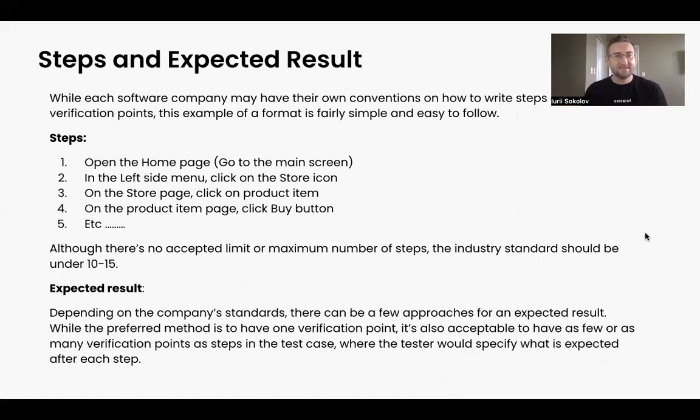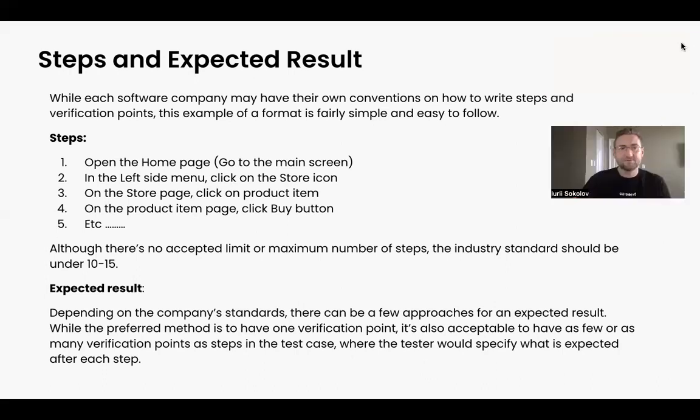All right, so let's discuss a few more things that are important. And those things are the components of a test case: steps and expected result. As I mentioned earlier, each software company may have their own conventions on how to write test steps and verification points.